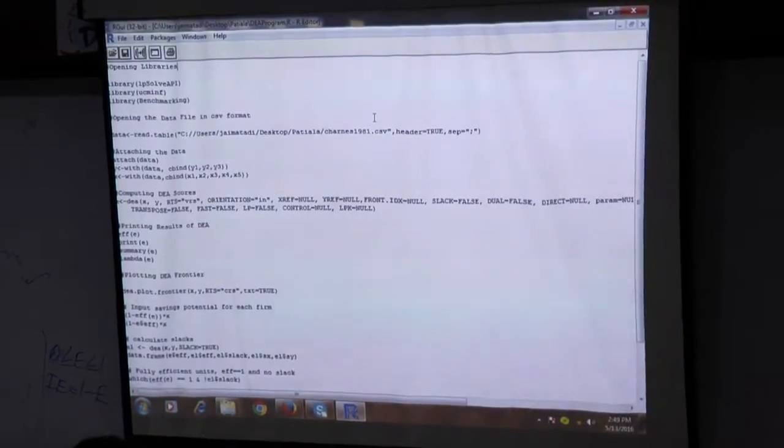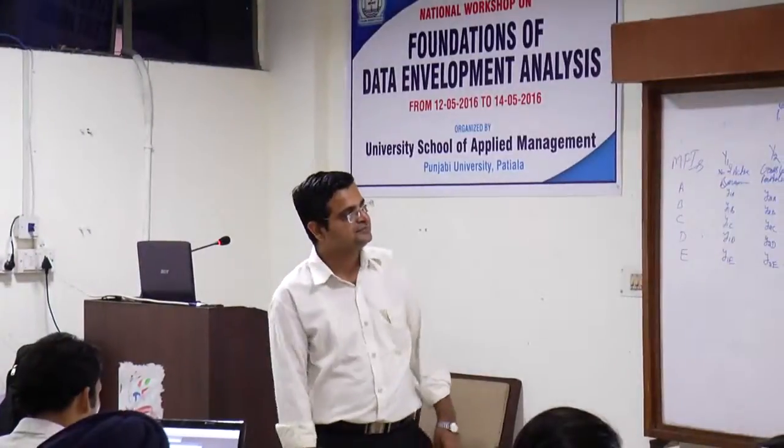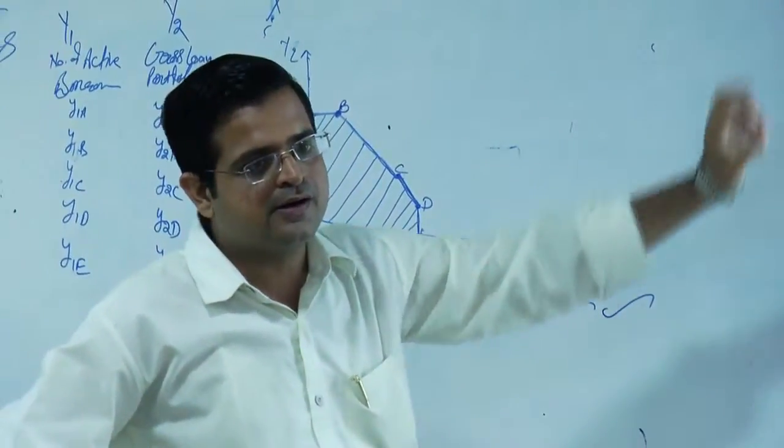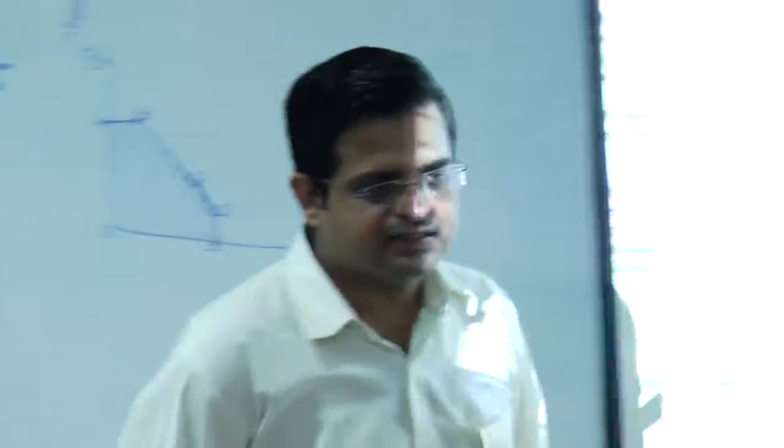Now in a CSV file the separator is semicolon. After opening the data, what you have to do? Separator, semicolon. This file of yours is made in this format. The separator is semicolon.